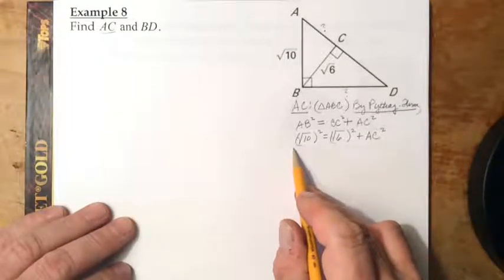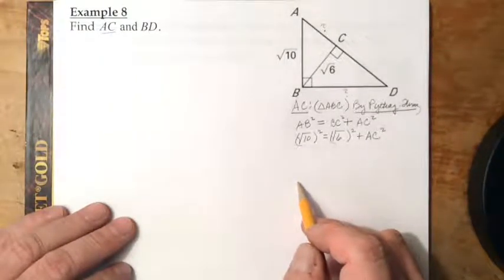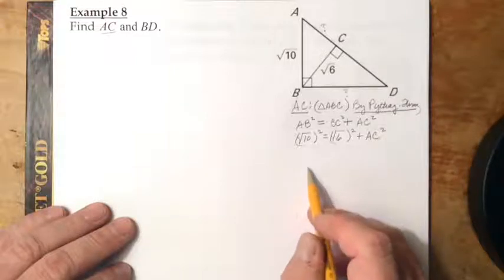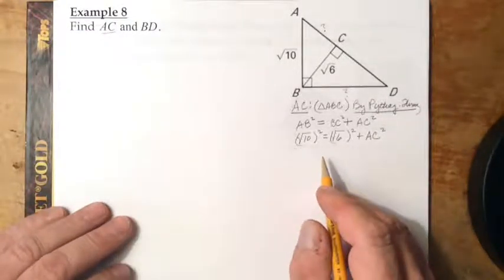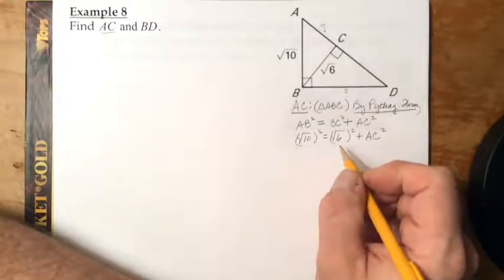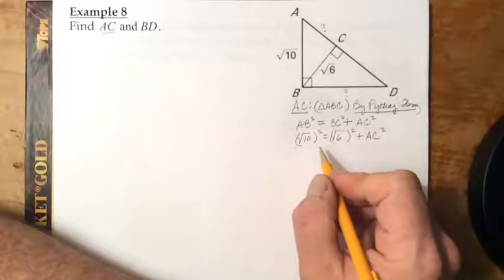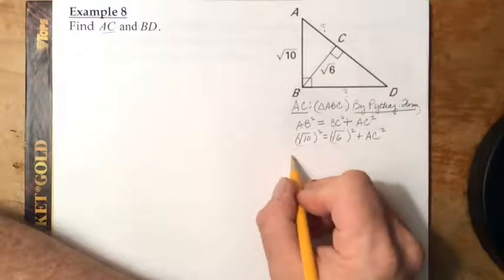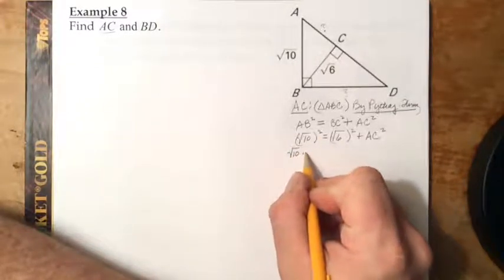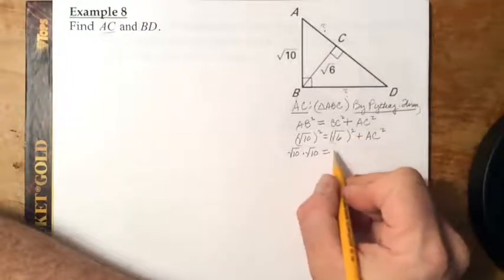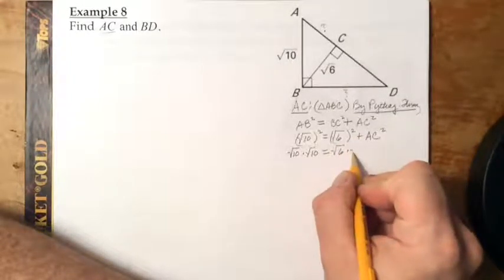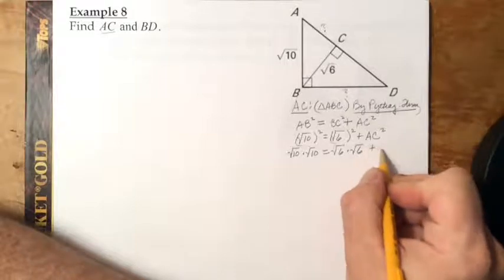Now I'm going to do the next 3 steps once, and then after this I would like you to be able to see how that's worked so you can skip the next 3 steps as you start practicing, or you can put the steps in if you need to. But the square root of 10 squared is the same as saying the square root of 10 times the square root of 10, equals the square root of 6 squared, which is the square root of 6 times the square root of 6, plus AC squared.